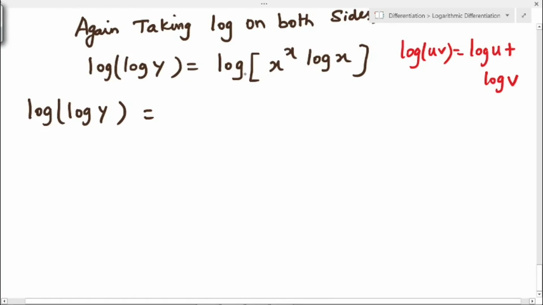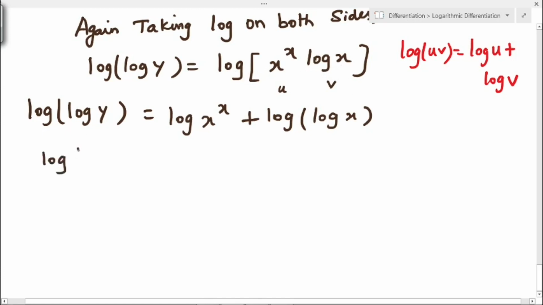Similarly here, log of x power x into log x, take x power x as u and log x as v. So this can be written as log of u, that is x power x, plus log of v, that is log x. Substituting this property, log u plus log v, so log of x power x plus log of log x.